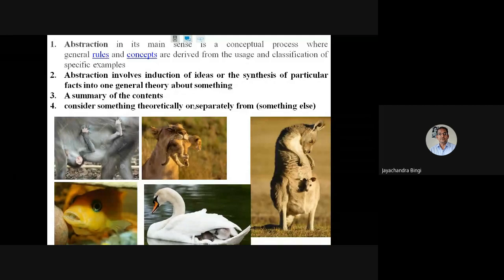Abstracting, as I wrote there, in its main sense is a conceptual process where general rules and concepts are derived from the usage and classification of specific examples. That means these are all examples. You are going to gain some thought, some idea, from a particular inspiration. That is called abstraction.